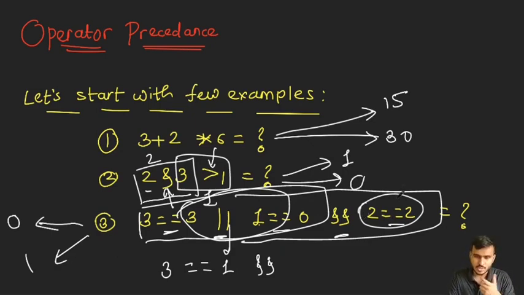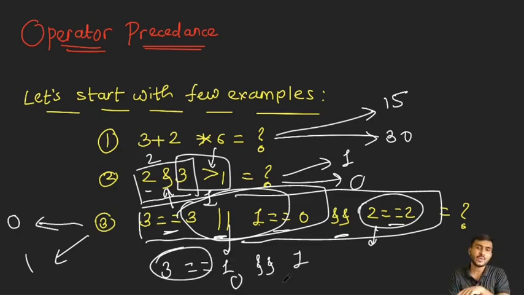Let's say this part evaluates. In that case, 2 equal to 0 is going to be 1, right? Then let's say this part evaluates, so 3 equal to 1 is going to be 0. And then 0 and 1 is going to be 0. So in this case also the answer is going to be 0.